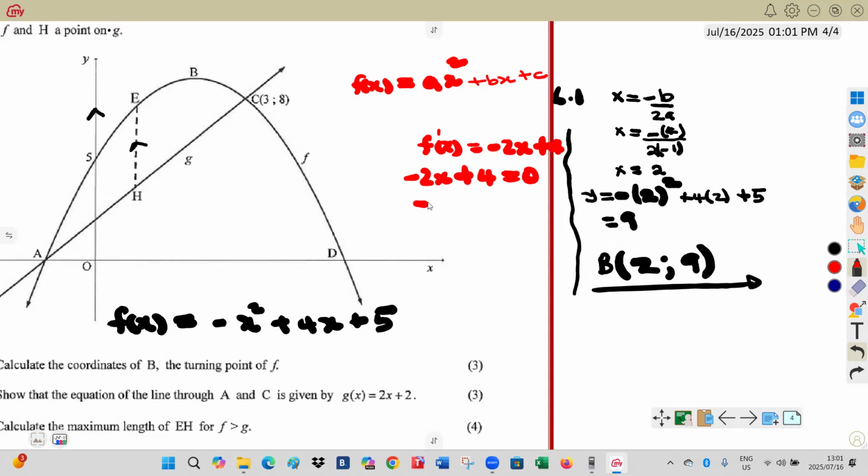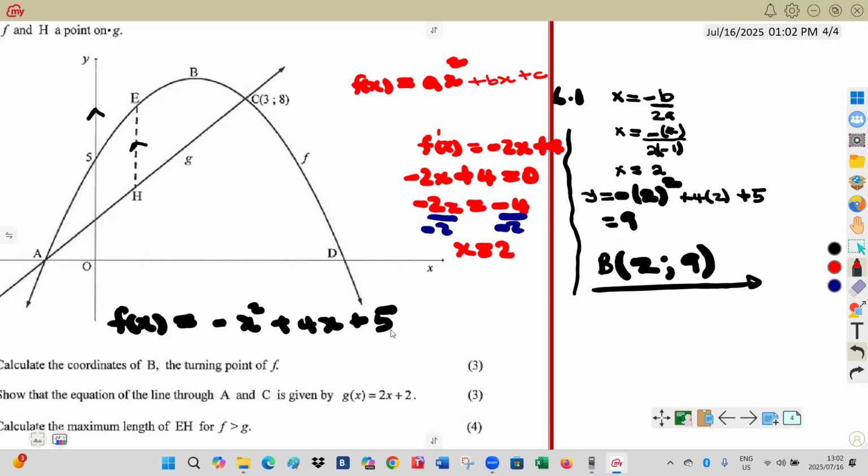So we end up having negative 2x equal to, we transpose this 4 to the other side, so it becomes negative 4. When we divide both sides by negative 2, take note, we are dividing by a negative 2, we conclude that our x is equal to 2.